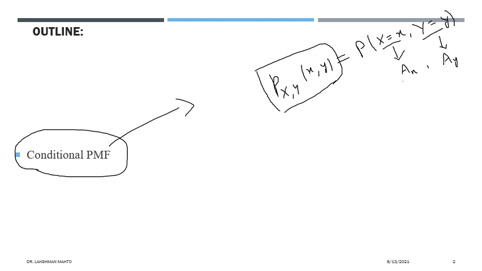That means we are talking about the joint occurrence of Ax and Ay, so we are calculating the joint probability of Ax and Ay. Ax is in the sample space, so it contains some outcomes of the sample space, and Ay also contains some outcomes of the sample space. So we calculate the probability of the joint occurrence of Ax and Ay, that means the intersection of Ax and Ay.